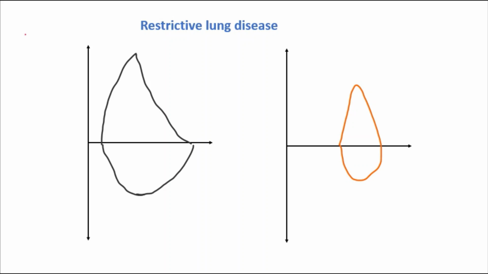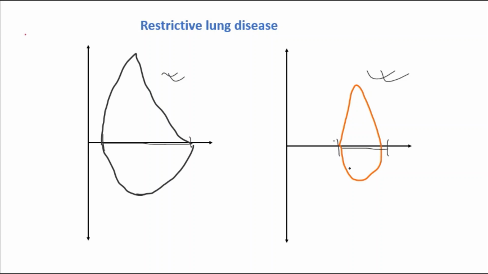Next is restrictive disease. There is an overall decrease in volume. You can see restrictive disease is on the right side, and normal curve is on the left. There is an overall decrease in volume over here. You can see the FVC over here and the FVC over here. There's a huge difference.